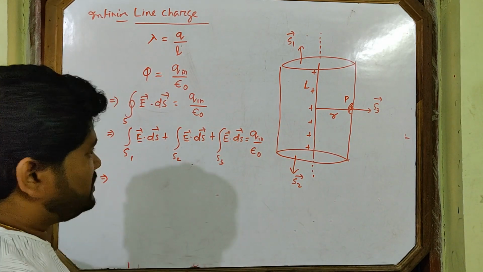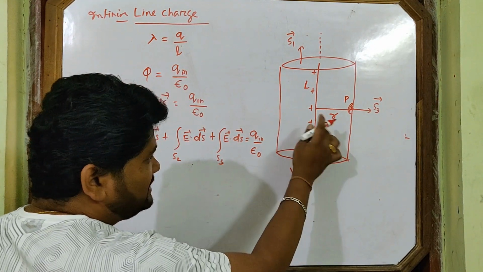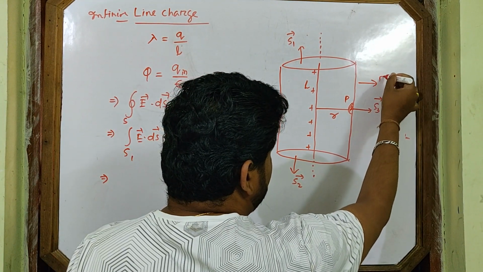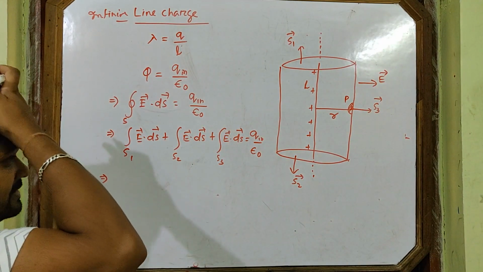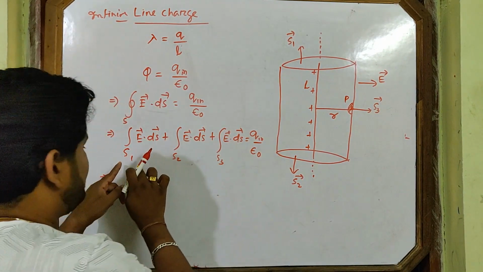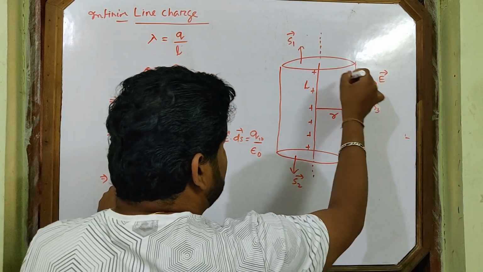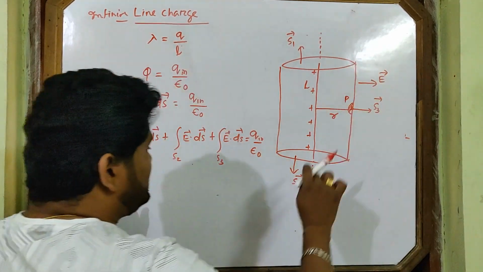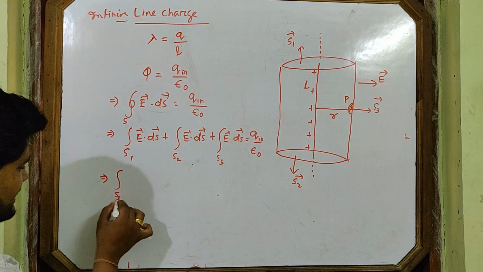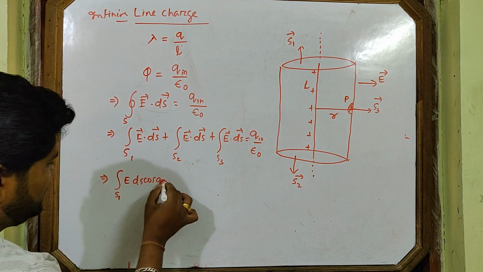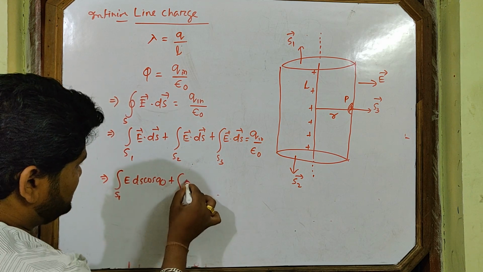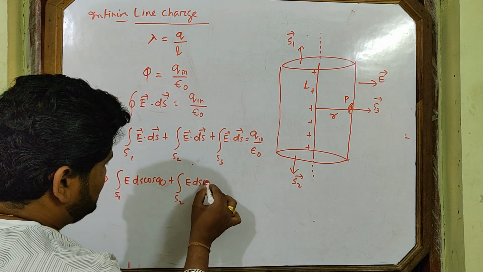So you now see for S1, the direction of electric field is positive, away from the charge. Now for S1, the vector is here, electric field is here. What is the angle between electric field and S1? It's 90 degrees. So this is E ds cos 90.